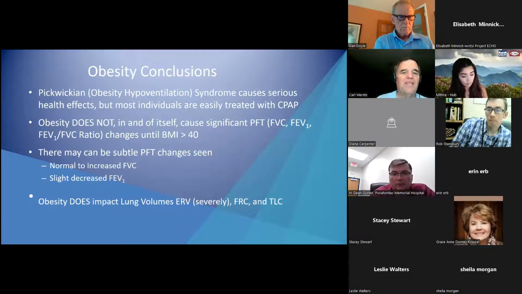You may see subtle PFT changes, but you may also see even an increased FVC or a slight decrease in FEV1. But obesity does impact the ERV, the FRC, and to a smaller extent the total lung capacity. So just be aware that there can be some impact, but not on the ones that we typically use.